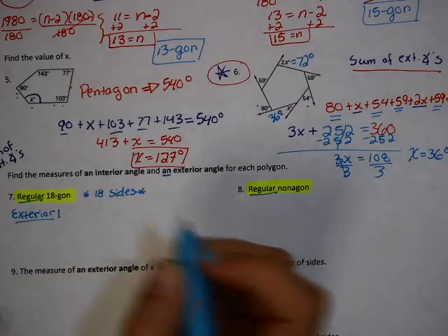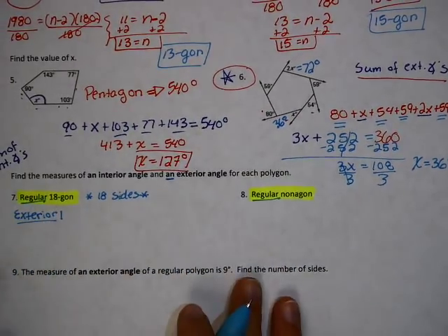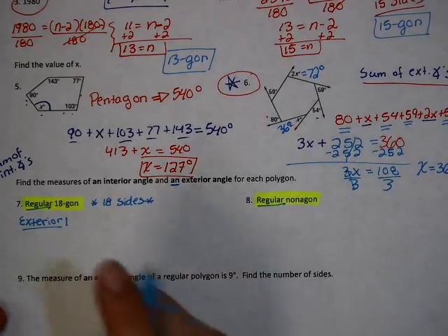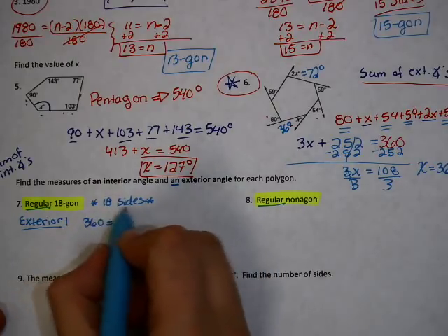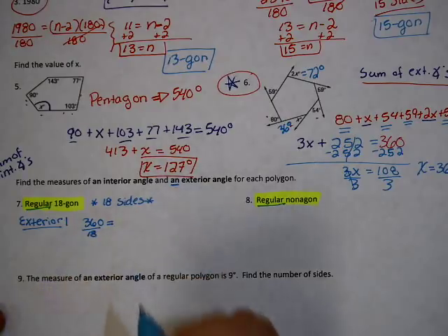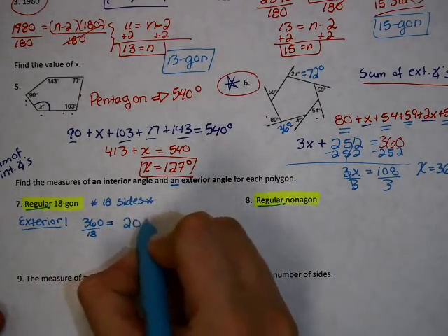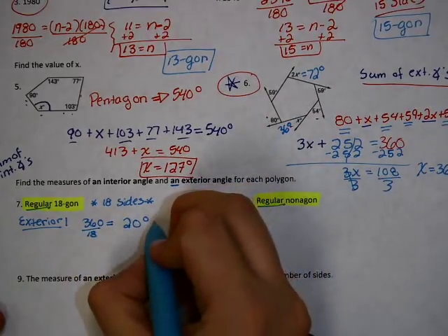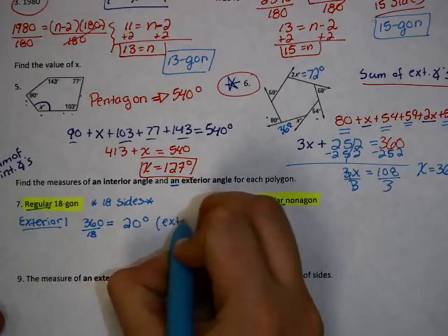Remember, any polygon has an exterior angle sum of 360 degrees. I know it has 18 sides, so I'm going to divide by 18 to figure out that exterior angle, and that's 20 degrees. So the 20 degrees would be for my exterior angle.